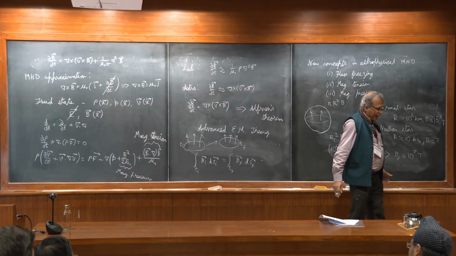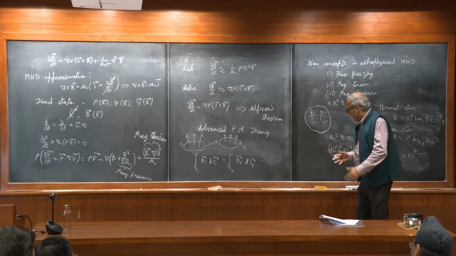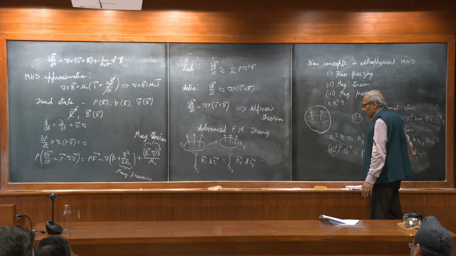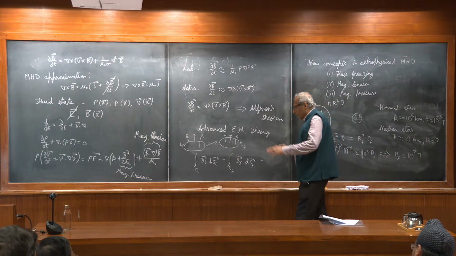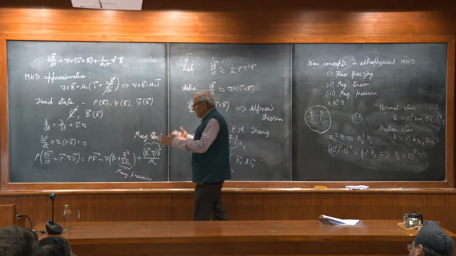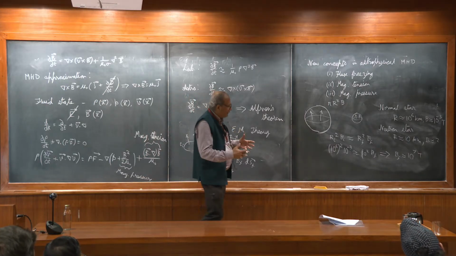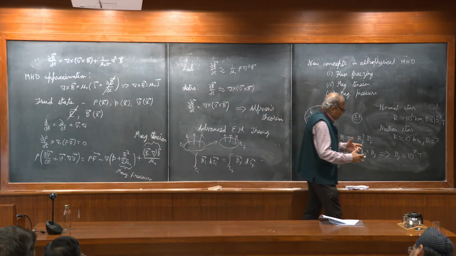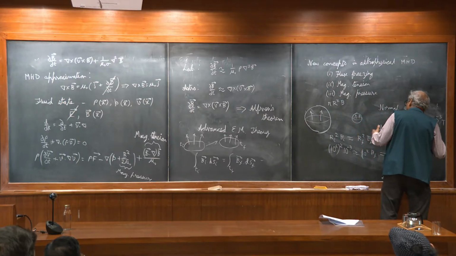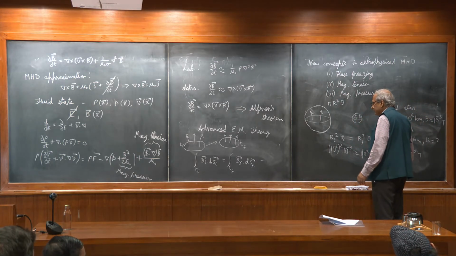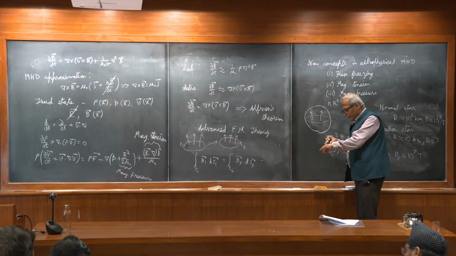You don't expect the magnetic field to be conserved completely. So the final magnetic field turns out to be somewhat less than that, but still we use this concept of flux freezing to understand why compact stars like white dwarfs and neutron stars have a very large magnetic field.